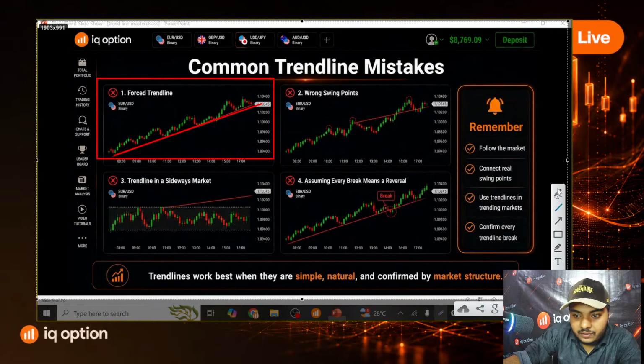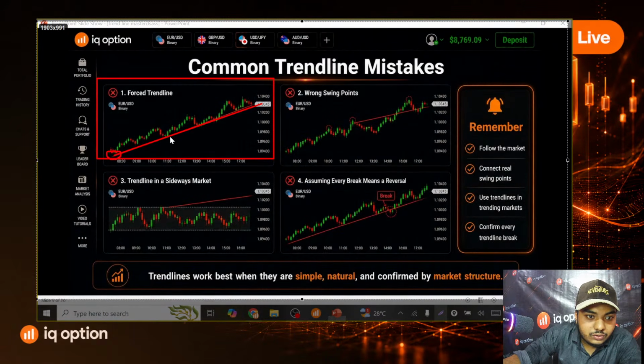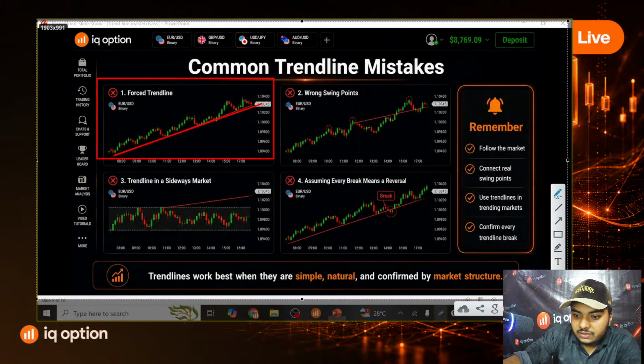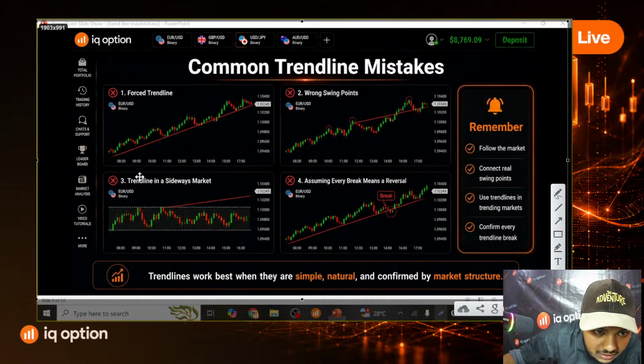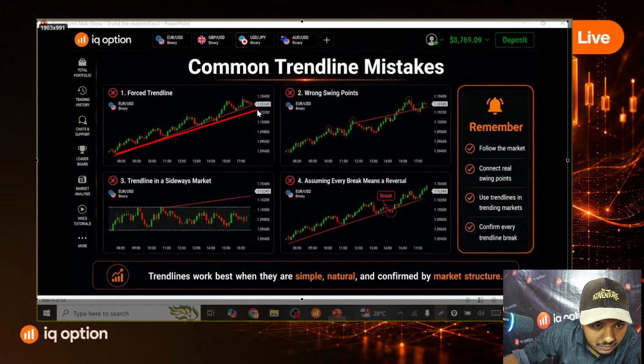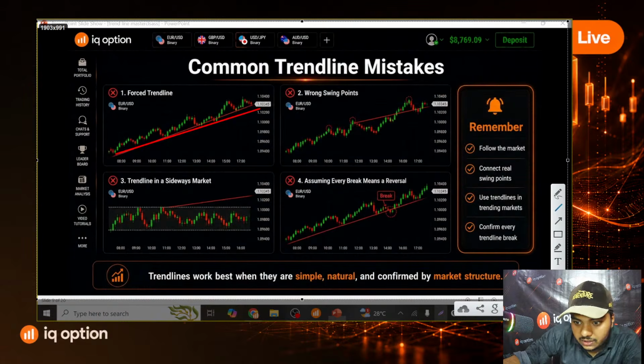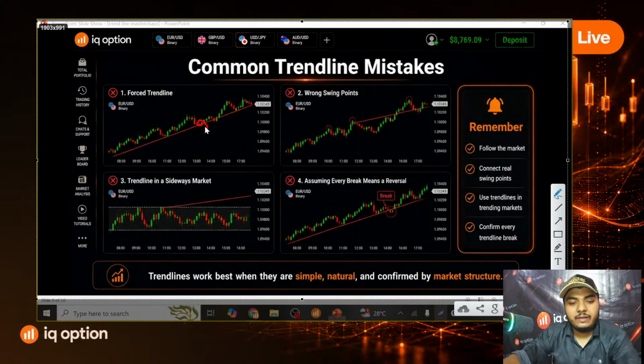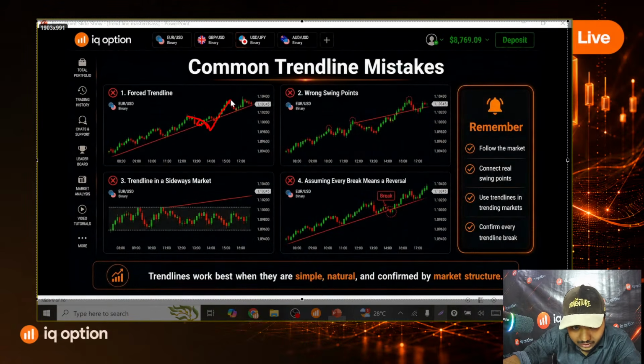Here we draw from this higher low to this higher low, but this one is forcefully drawn because it does not follow the wicks. If we follow the wicks here, it may be drawn like this. For the sake of getting an entry here, a beginner makes this kind of mistake. They draw here and then fall into a trap, and sometimes the market gets a little more pullback and then goes in the upward direction.